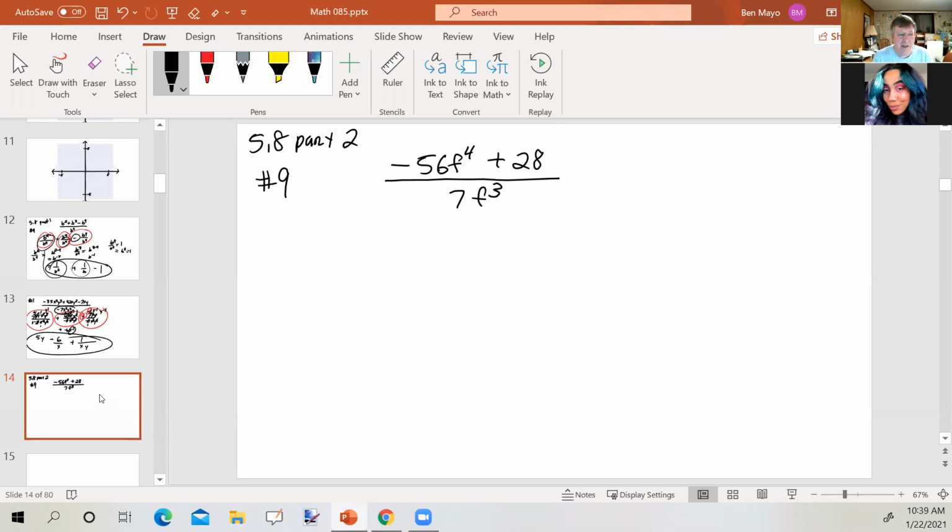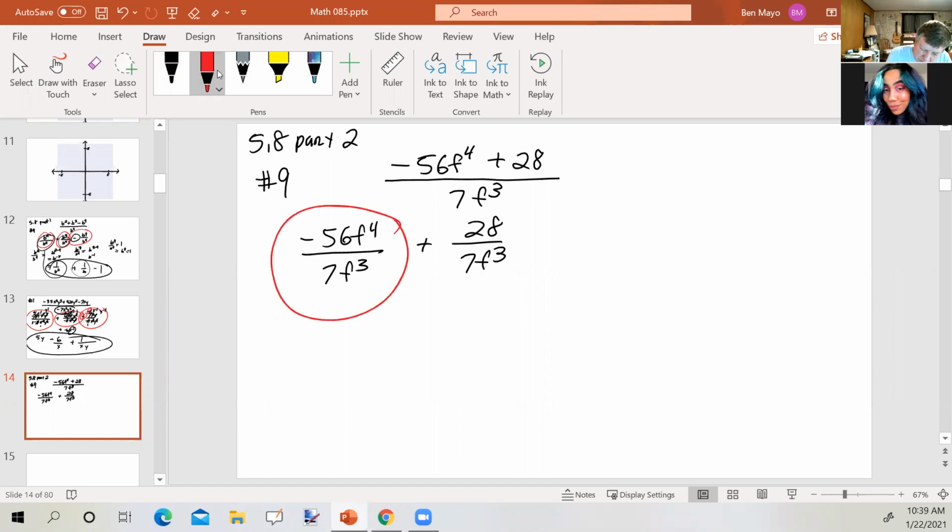So once again, we have a polynomial divided by a monomial. So we're going to take each term in the numerator and divide it by the denominator, dealing with it a term at a time. The first term, -56 divided by 7 becomes -8 over 1. F to the 4th over f to the 3rd would be f to the 1 power.